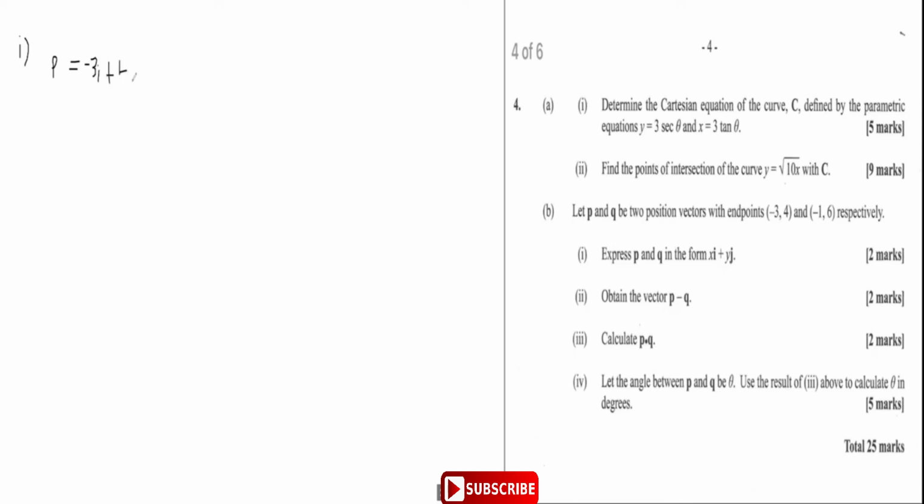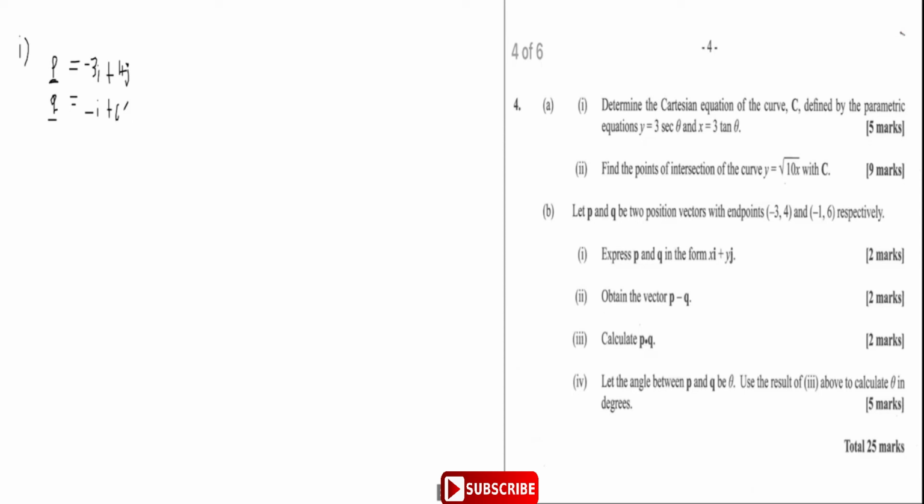That's going to be vector P. Just to show it's a vector, generally you put a mark below the letter, just to show it's not just a scalar. So this means it's vector P, and vector Q is going to be minus i plus 6j. Now let's hear what they say.